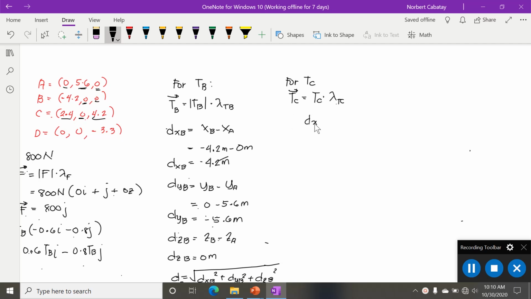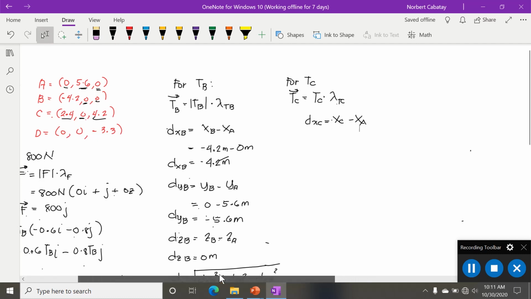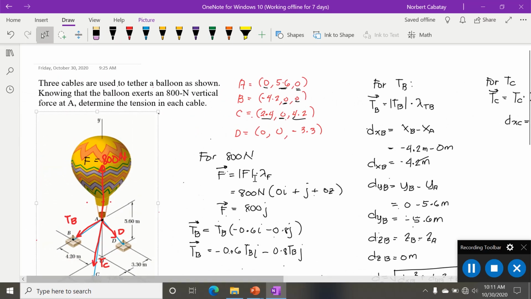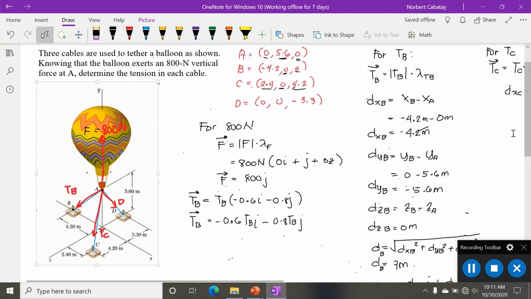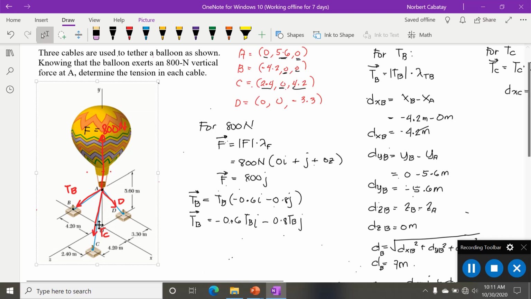So, distance x of C is equal to x of C minus x of A. Bakit? Kasi if we're going to look back with our figure, ito yung tension C natin.